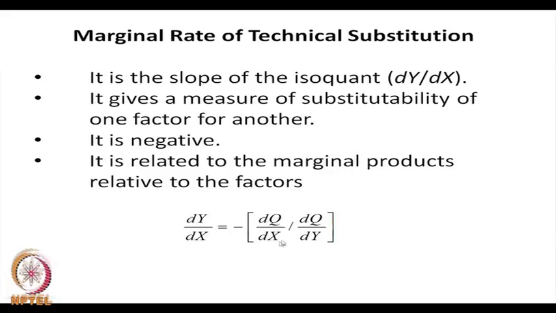So this is MPx and this is MPy. Therefore, the rate of technical substitution is minus, because the slope is negative, minus the marginal product of x divided by the marginal product of y.